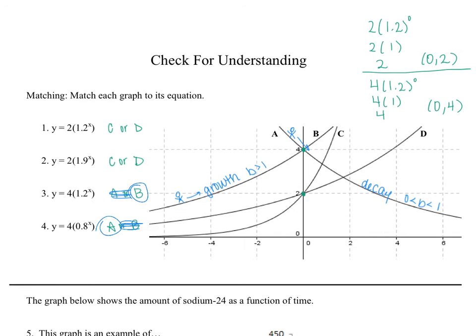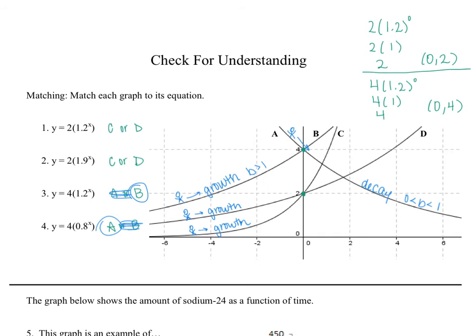Halfway done. Now let's look at our first ones. So these are both growth. If I look at C and D, they're both growth, which can make this a little confusing because we put our little man, he is growing again. Oops, there we go. All right, so that didn't really help us with anything.